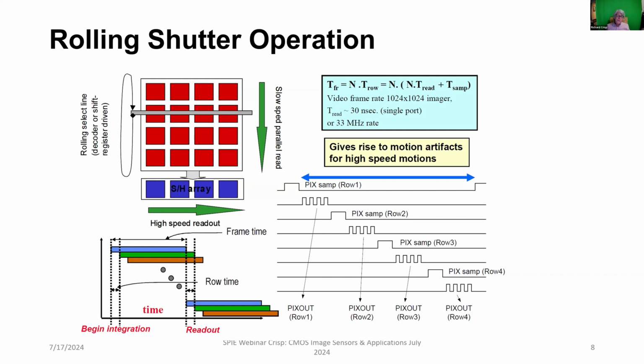And so long as you're taking still images, this causes no problem at all. But if you have high-speed motion, or motion within the image frame while you're taking it, like video, for example, particularly video of sports or something with high action in it, you can get some strange distortions.